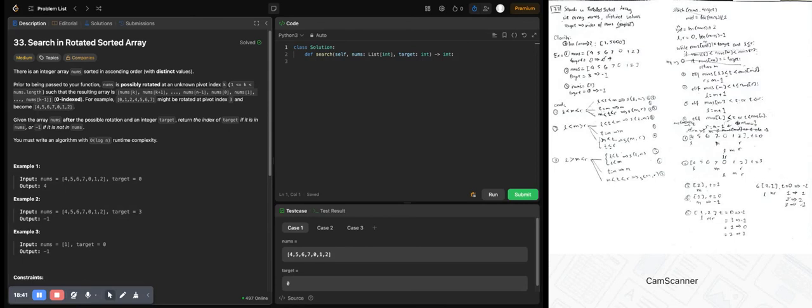Okay, so how are we gonna turn this into code? Let me write this on this new page here. So what I'm gonna do is use recursion. We are given search nums comma target.